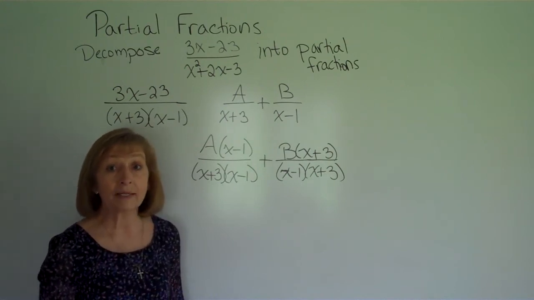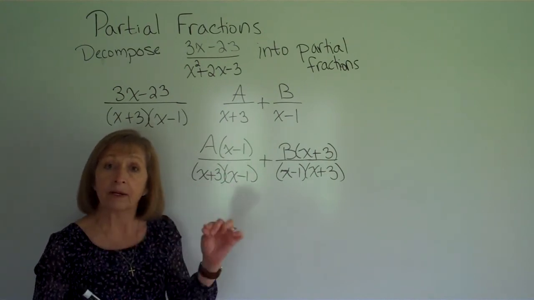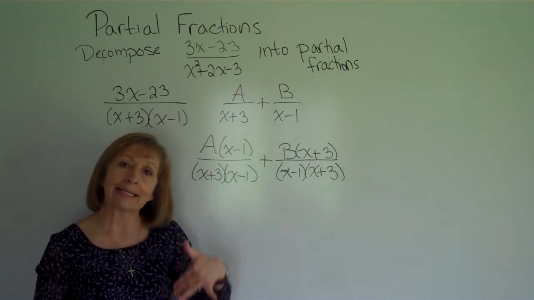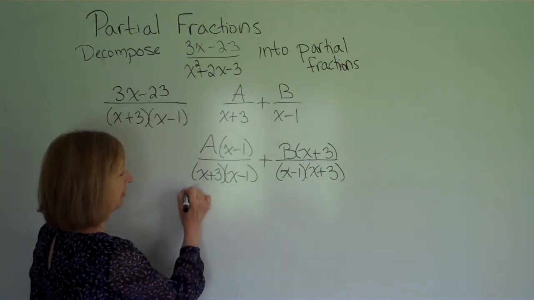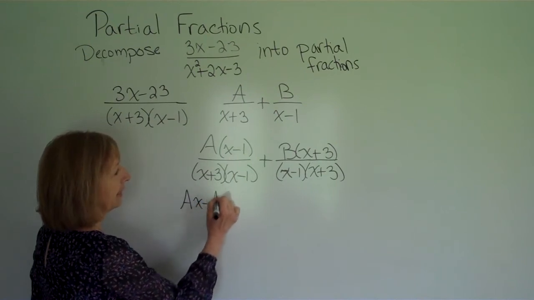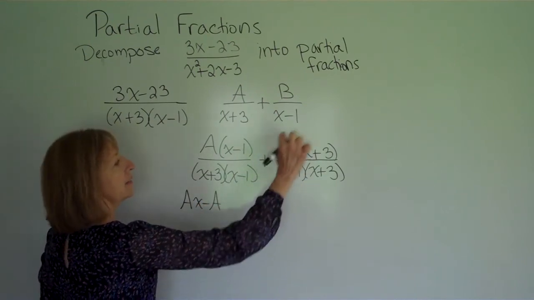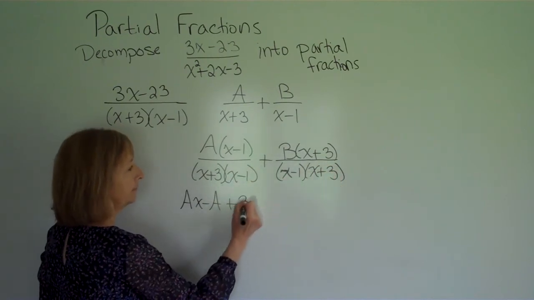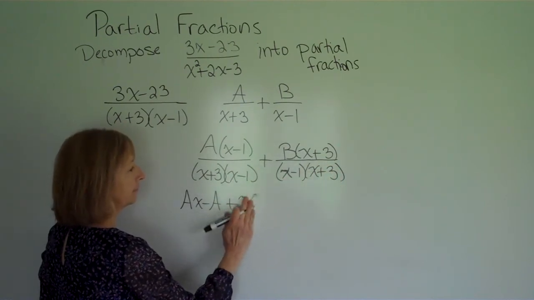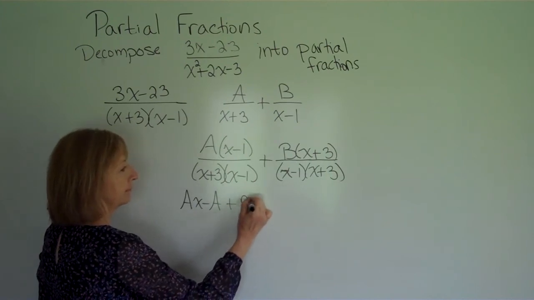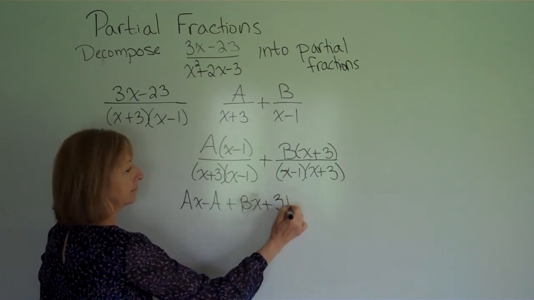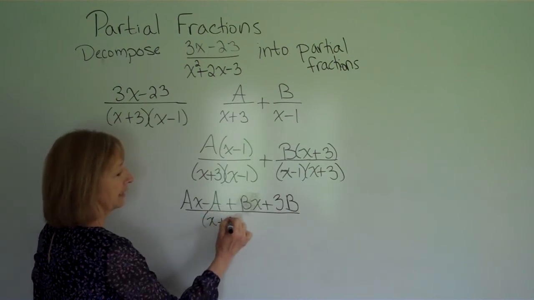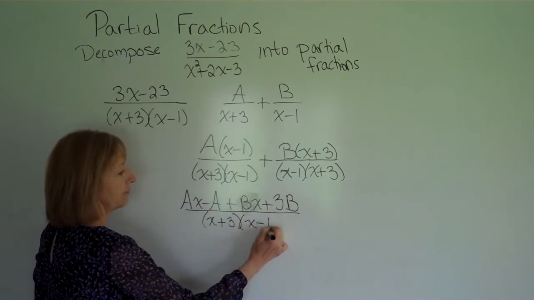Now remember, at this stage we want to remove the parentheses in the numerator, do the arithmetic across the numerator, and keep the common denominator. So this is ax minus a, and then plus bx plus 3b, all over x plus 3, x minus 1.